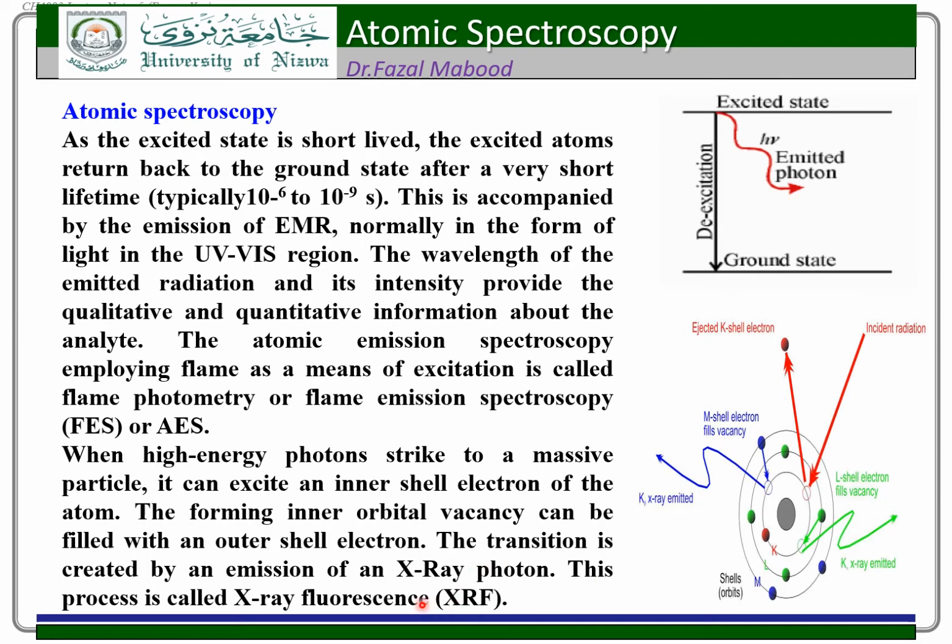While in case of X-ray fluorescence, what's happening? We have the inner shell electron. What we are doing, here you see the electron, we eject this electron. Once you eject the electron, there will be an empty space.